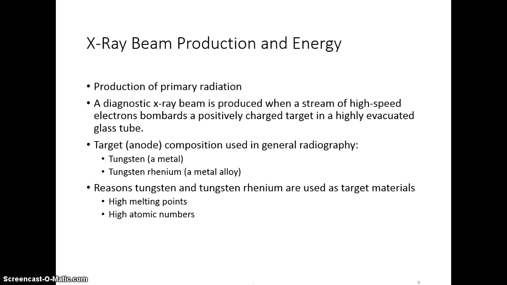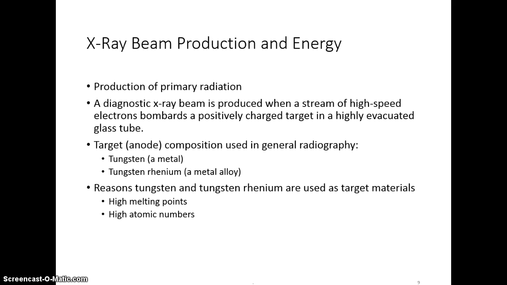The target is also made of a tungsten-rhenium alloy, and tungsten and rhenium are two different metals. You will also hear of a molybdenum disc that is in the target. The reason that we pick tungsten or the tungsten-rhenium alloy is because it has a high melting point, and more importantly, it has a high atomic number.